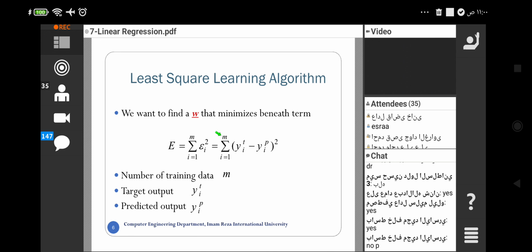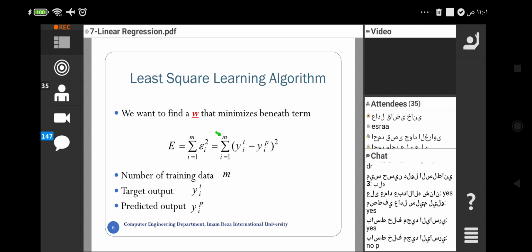This yi means the target value for the data i in the training data. For example, if I have 100 training data, for all of these 100 data I have a target value. For example, if I want to predict the product price, I have some products from before, and I have built a data set.